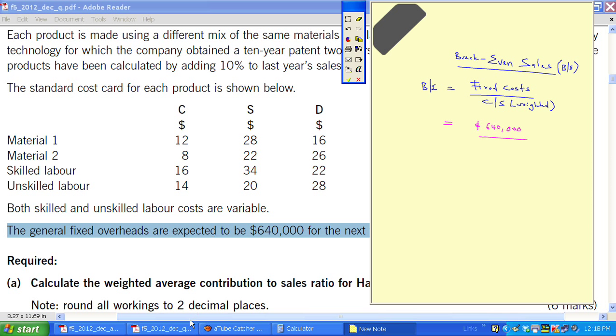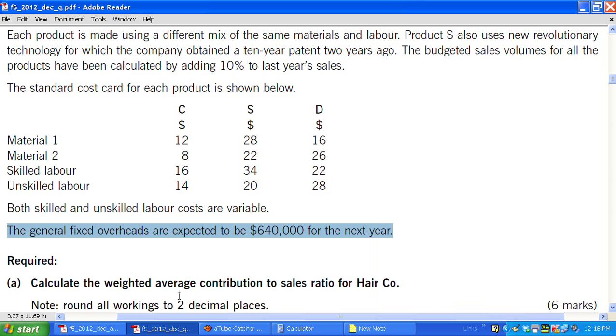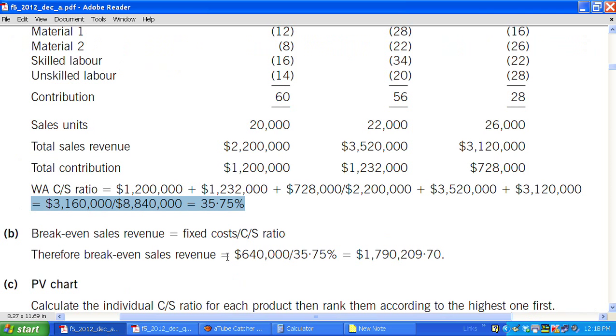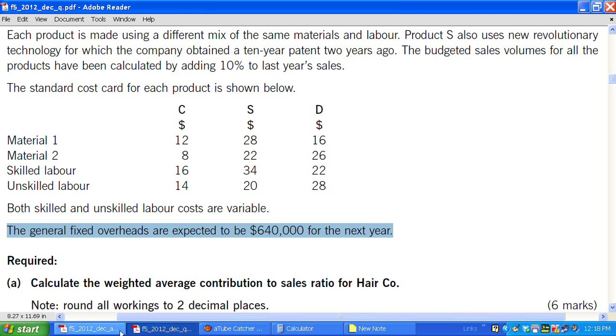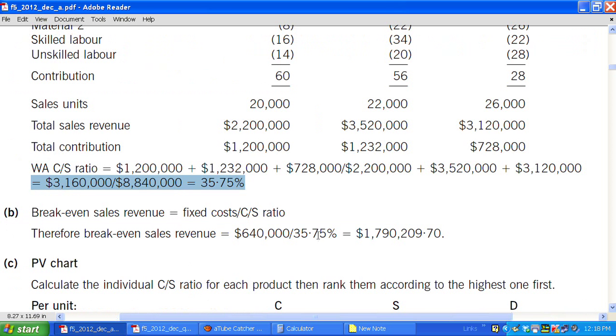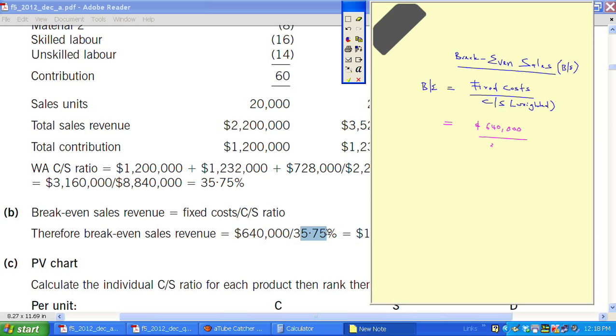We've already calculated it somewhere. The CS ratio was given as 35.75%. I hope you can remember. CS ratio is now 35.75%.